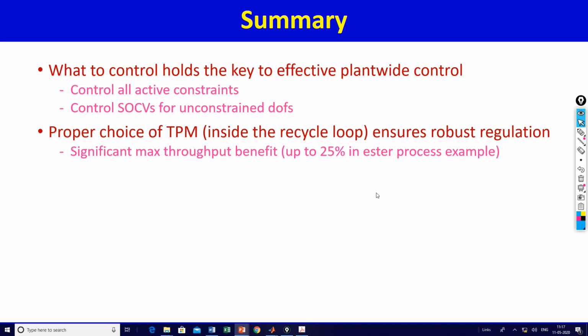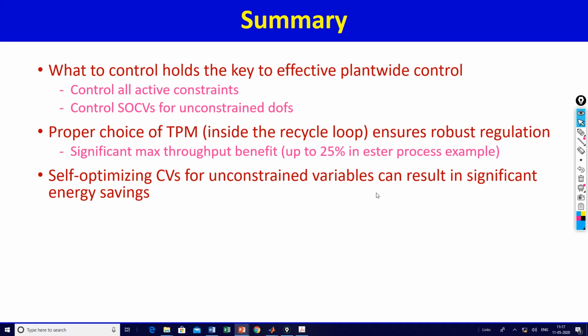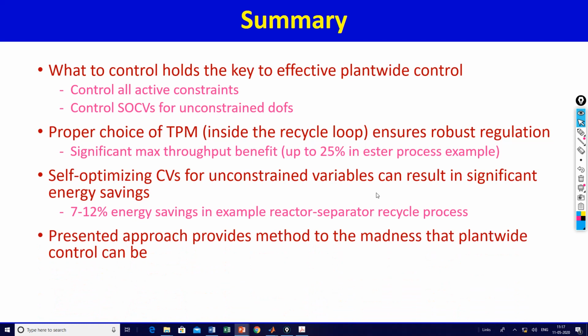Proper choice of throughput manipulator inside the recycle loop ensures robust regulation, and we saw this in the last lecture: 25% extra throughput benefit in the ester example. Self-optimizing control variables for unconstrained degrees of freedom can result in significant energy savings: 7 to 12% energy savings in the example reactor separator recycle process. The presented approach provides a method to the madness that plant-wide control can be.